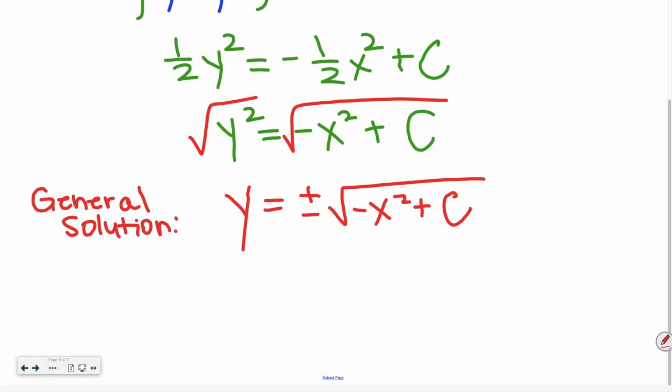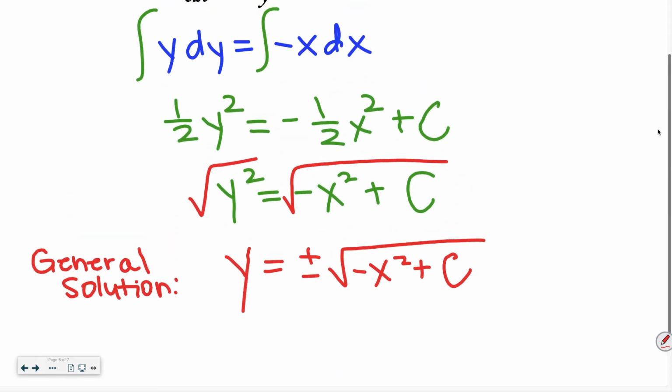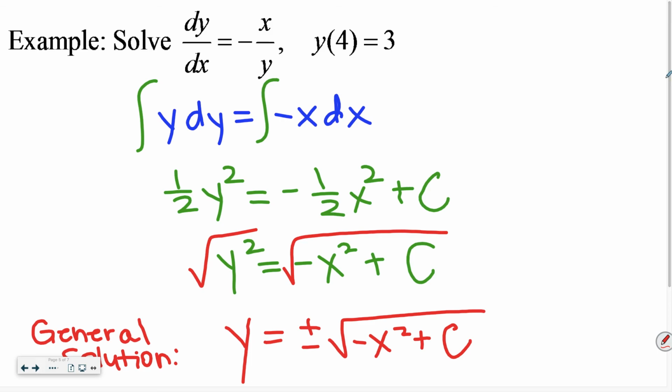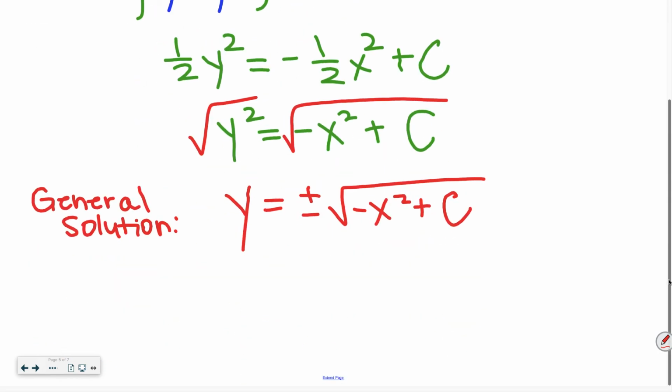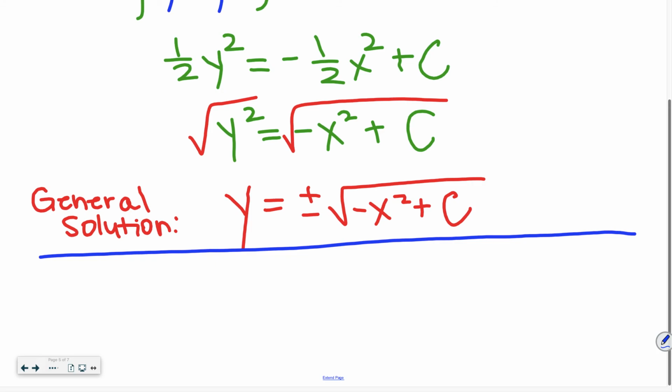But I have given you an initial condition. Our initial condition is y of 4 equals 3. So when x is 4, y is 3. So what we're going to do, first of all, how do I know if I should use the plus radical or the minus radical?